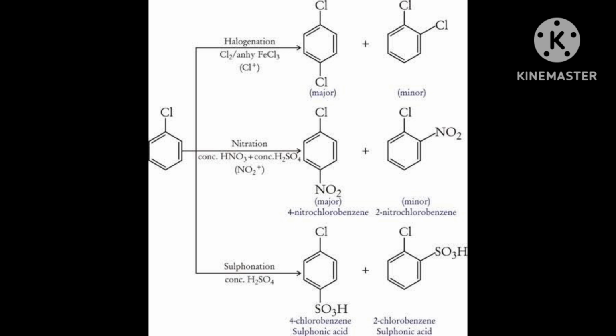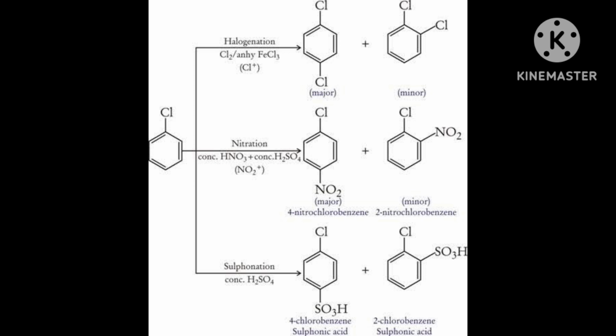Okay. If an NO2 group is attached to chlorobenzene, suppose at the para position NO2 is attached and NaOH is there, then this reaction will take place easily. Cl will go and OH will attach, and it will form nitrophenol. Correct?